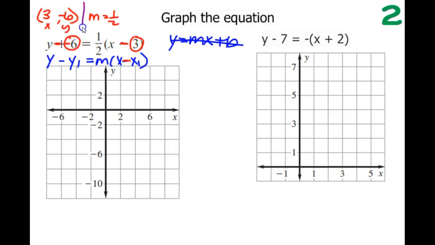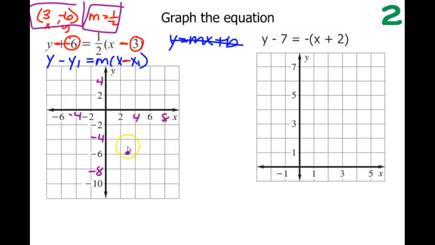So first we're going to start by plotting this point. Be careful because they go by 2's. So first x is 3, 2 3's in the middle, and then negative 6, negative 2, negative 4, negative 6. And then our slope is rise 1, run 2.